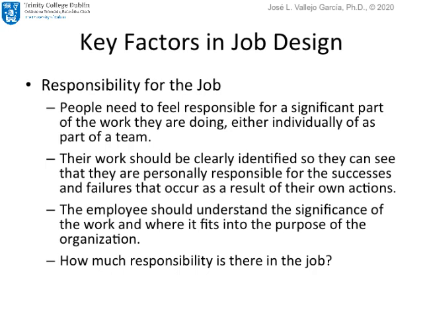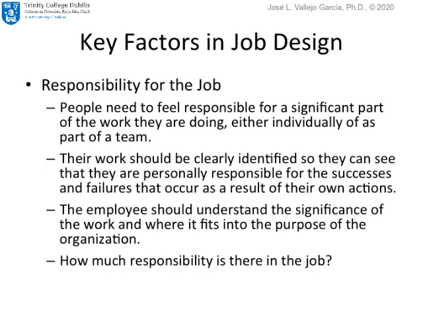The employees should understand the significance of the work and where it fits into the purpose of the organization. Remember that individuals have their own goals, organizations have their own goals, but the idea is that those goals will align along the way. So the question here is, how much responsibility is there in a job? Another key factor, autonomy.